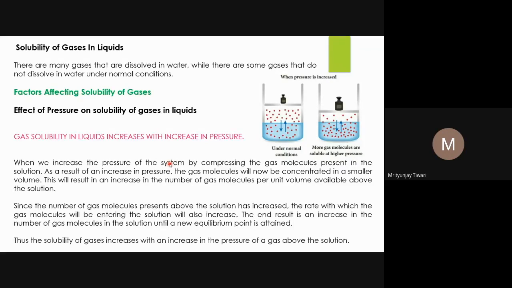So when we increase the pressure of the system by compressing the gas molecules, the gas molecules will now be concentrated in a smaller volume. Why is the pressure increasing? More molecules are in a smaller volume, so they will collide with the wall more frequently, because compressing means you are decreasing the volume, and with the decrease in volume, pressure also increases. This we have seen in the gaseous state. Anyway, I'm just explaining it briefly.